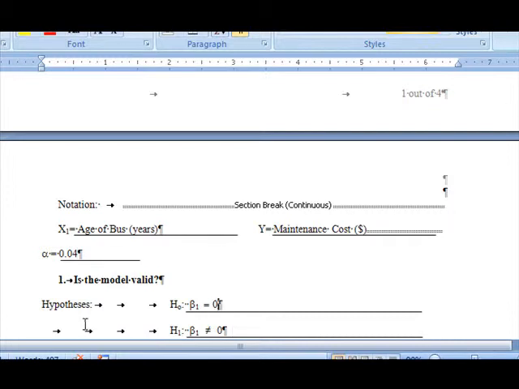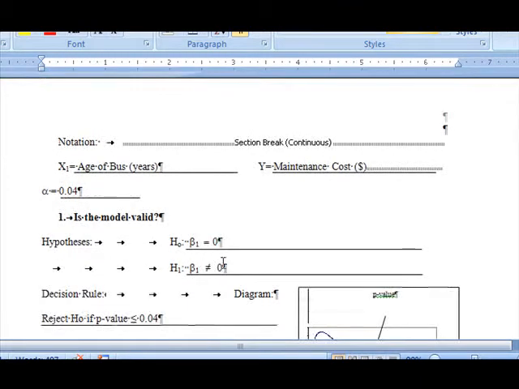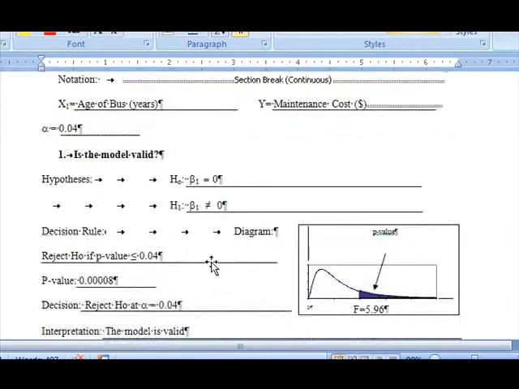If beta equals 0, then that means that there's not going to be any relationship between x and y. That means that the coefficient of correlation is going to be also 0. So there is no point in answering any of the other questions. If you fail to reject this test, all you say is there is no relationship at all between x and y, in this case age of the bus and maintenance cost. But if we reject, then we can keep going.